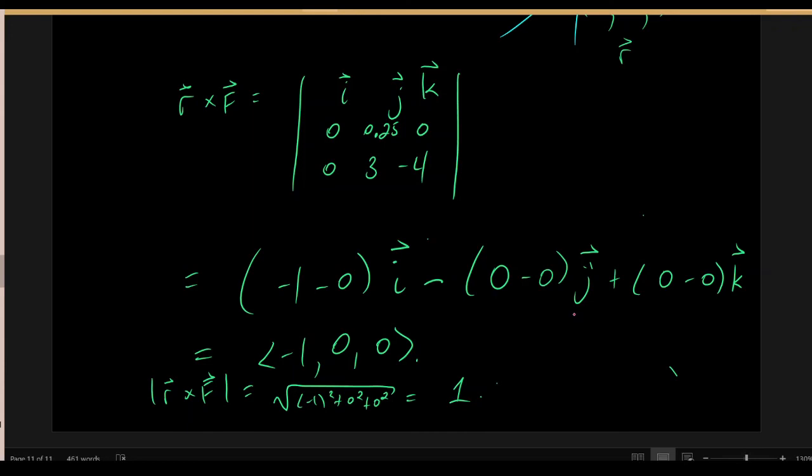Then we looked at some properties of the cross product as they could be used to simplify or bypass some direct calculations. Then we looked at an application of the cross product to finding a vector which was orthogonal to two given vectors, and then we used the cross product to calculate the magnitude of torque.